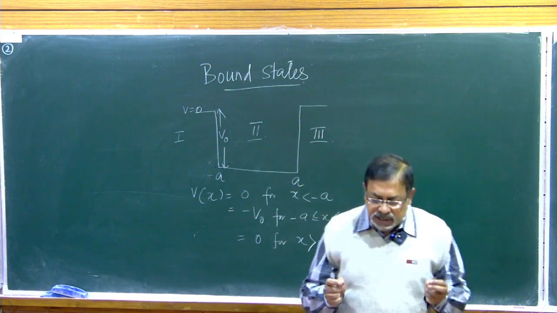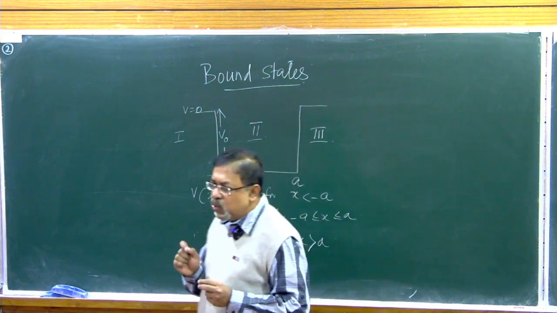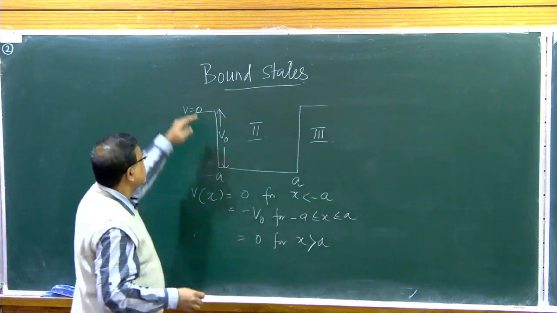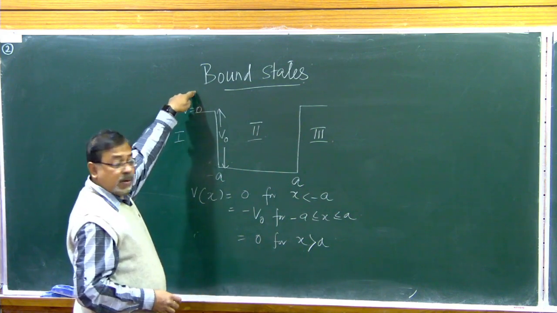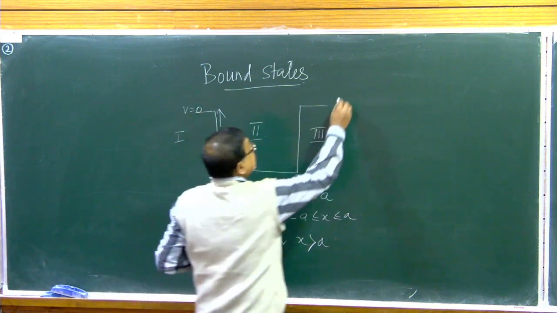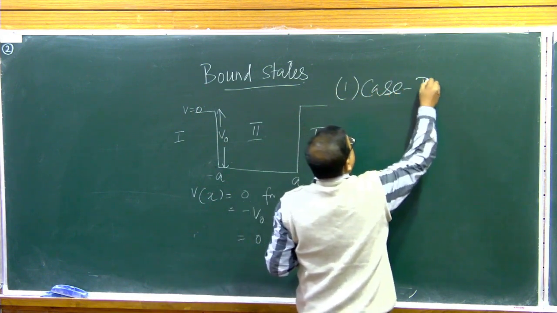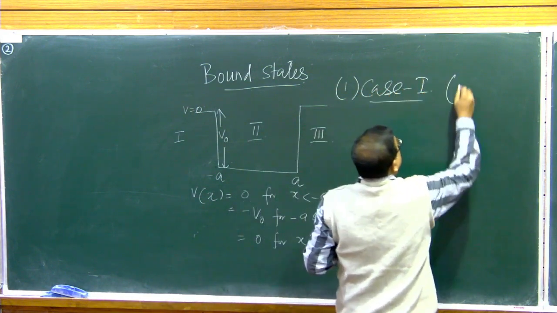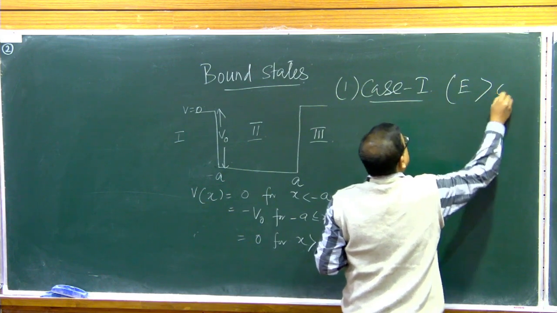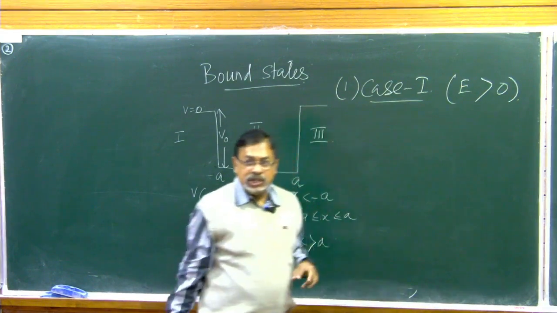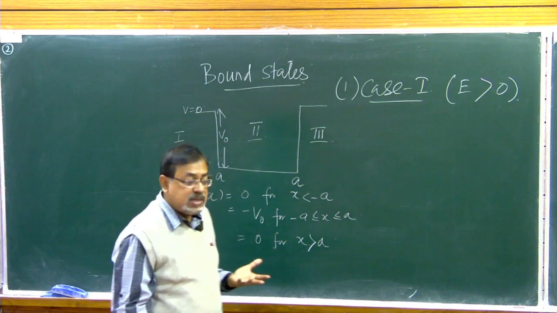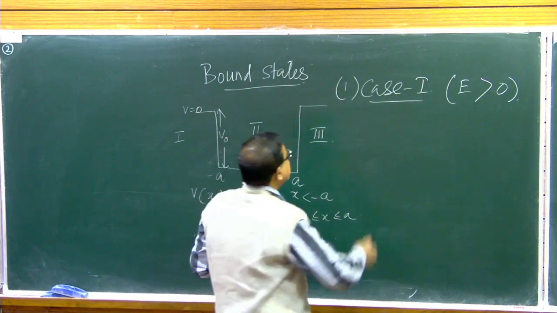And we will be particularly talking about two cases. In case 1, the energy is greater than 0, which does not correspond to a bound state; it corresponds to the extended states.